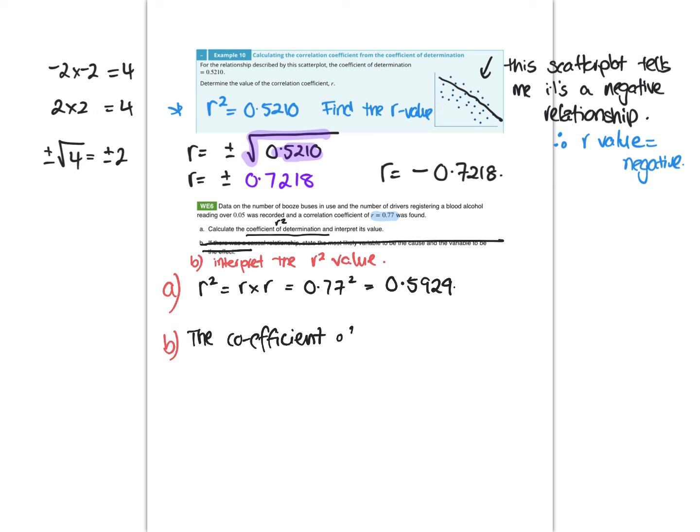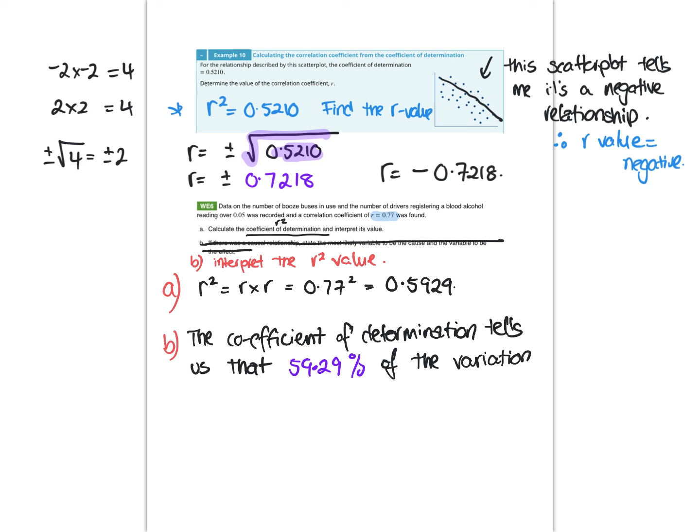The coefficient of determination tells us that, now I'm going to change that 0.5929 to a percentage, so I'll change it to 59.29%, that's what you had to change, of the variation, now you have to use the response variable, so I'm going to say the blood alcohol reading.